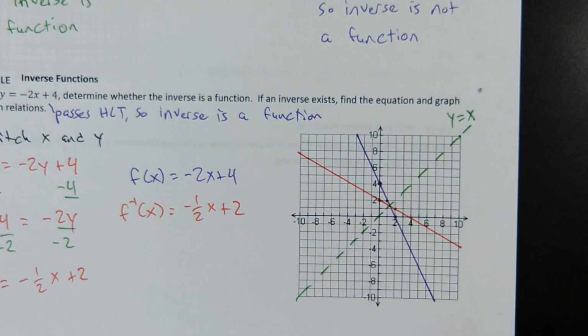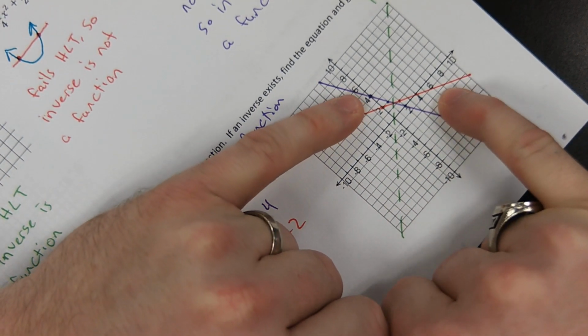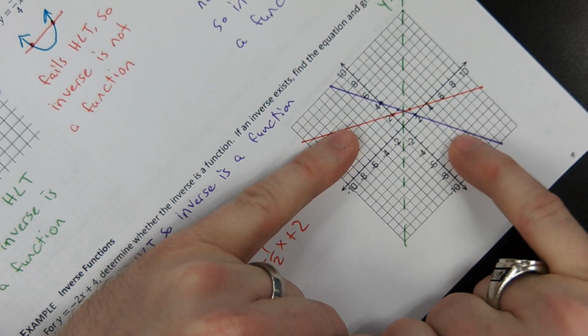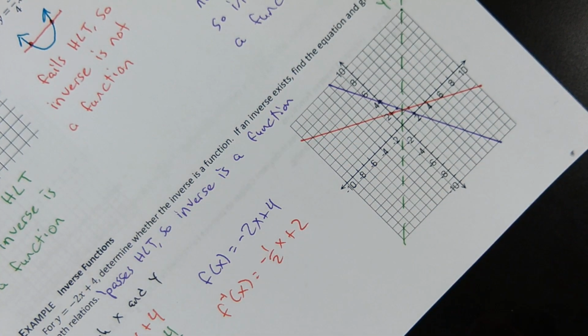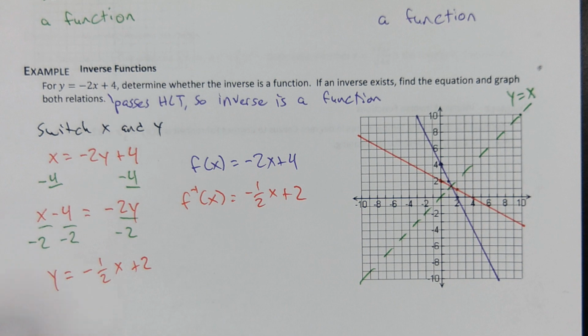Notice that the two graphs, f and f inverse, intersect each other at y equals x. And notice that these two upper pieces are reflections of one another. These two lower pieces are reflections of one another, meaning the red line and the purple line are reflections of one another over the line y equals x. The reflection principle is holding true.